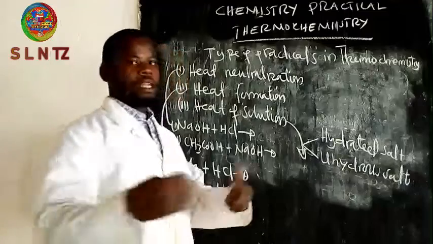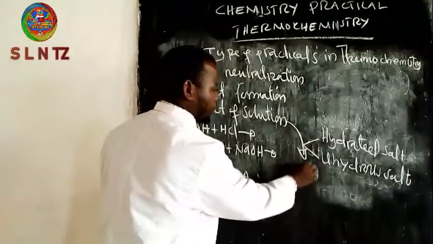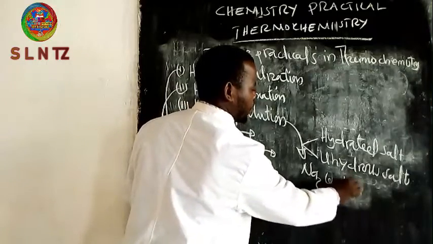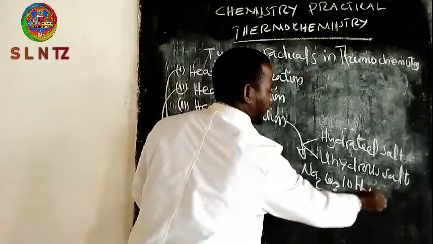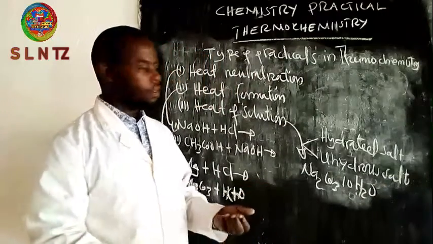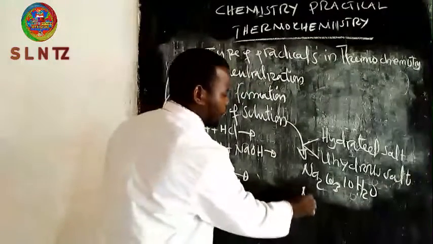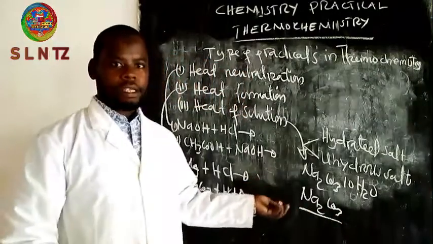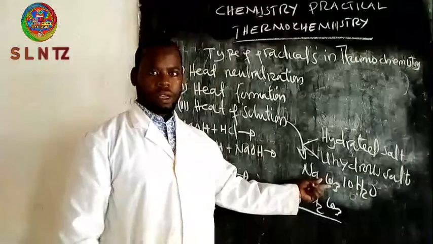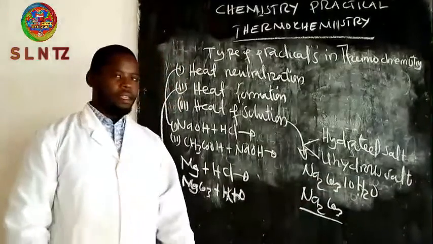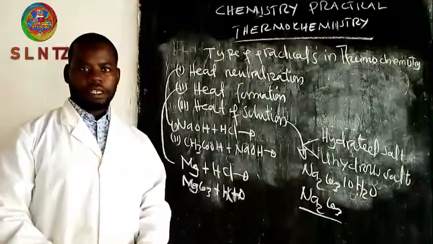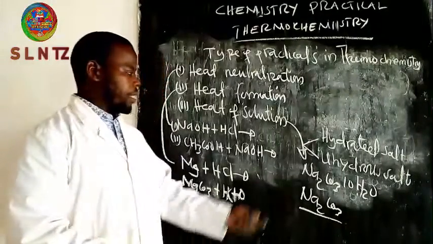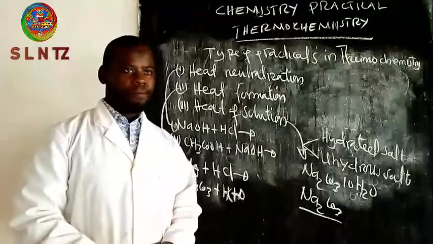Let's say sodium carbonate decahydrate, and sodium carbonate which is anhydrous. When you dissolve each of these, there is a different heat change, and we will see the experiment of this.